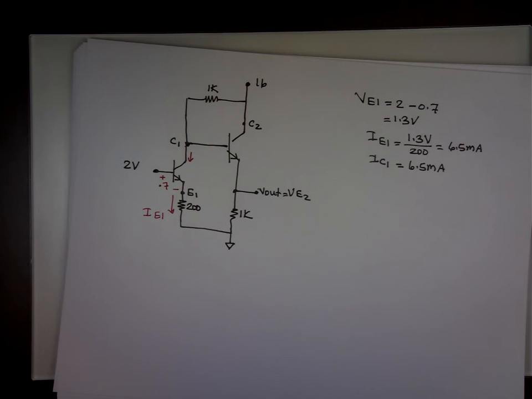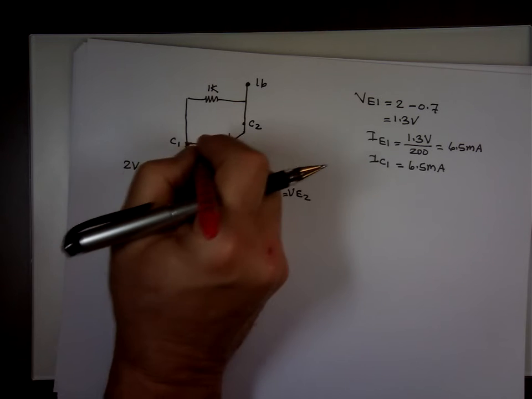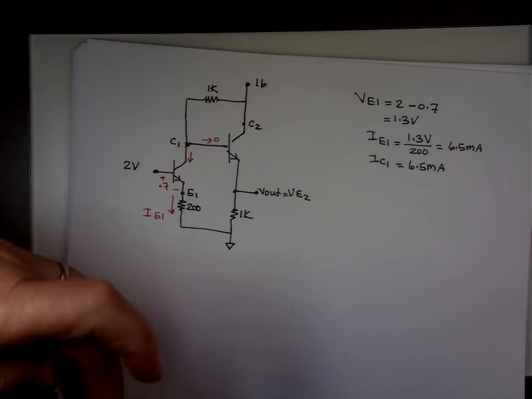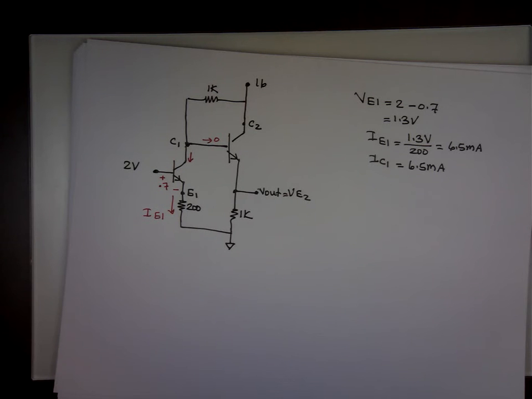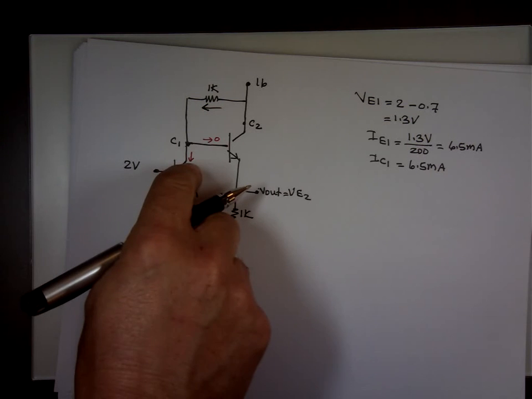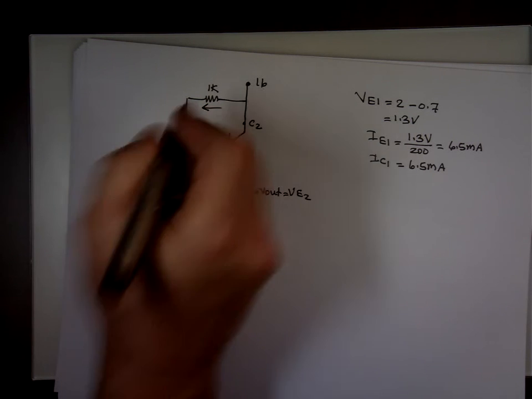Sometimes we neglect them, especially if you try and do a quick calculation. So if I neglect this, I said this current 0 and this current 0, then this current coming down here is going to equal this one, because that's a 0. So that's going to equal 6.5 milliamp.